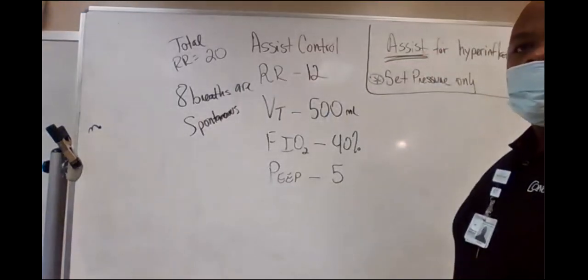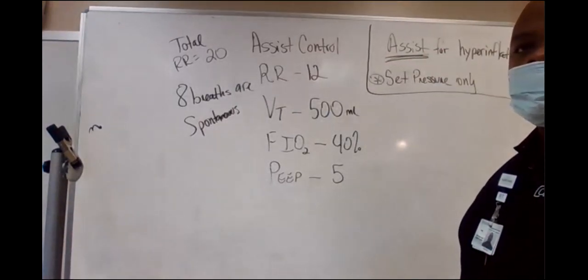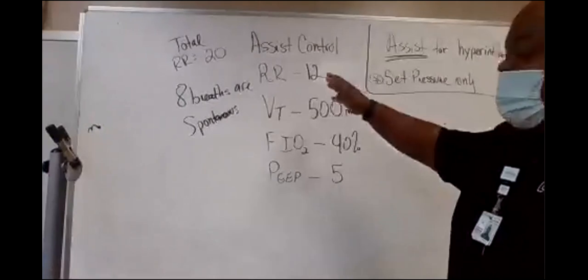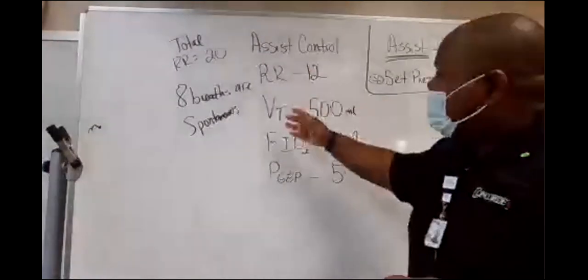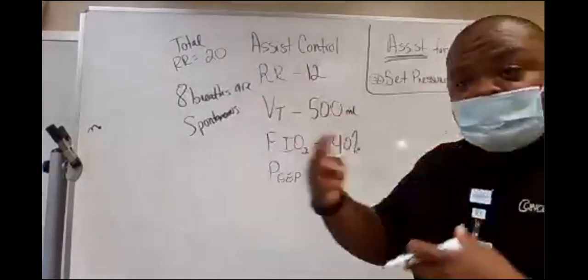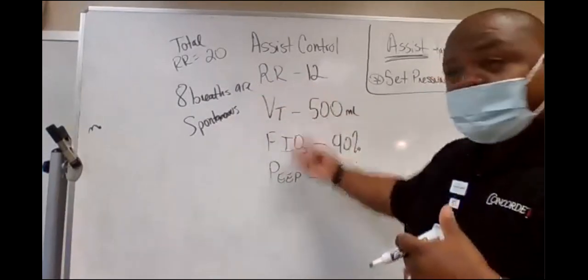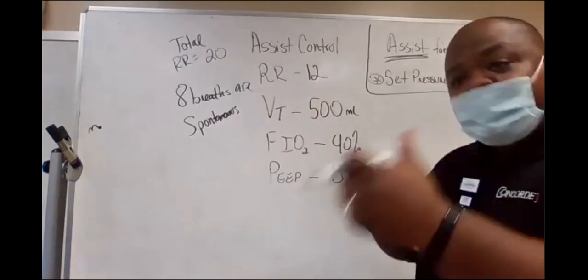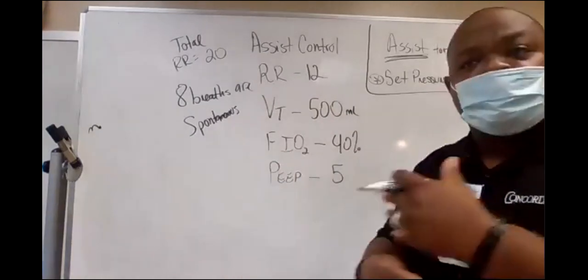So when they start breathing over the machine, do we ease the respiratory rate down? Yes. Once the patient is in assist control and you got them set on some settings, and you see that they are starting to wake up and they're starting to breathe over what I got set, then we start to consider weaning. That's when you start weaning.